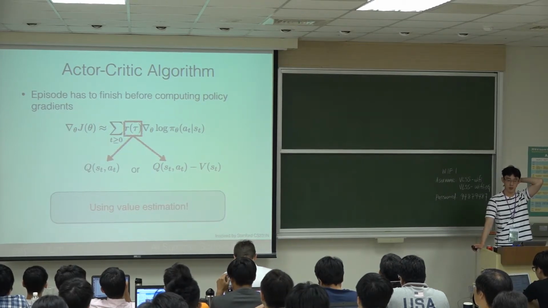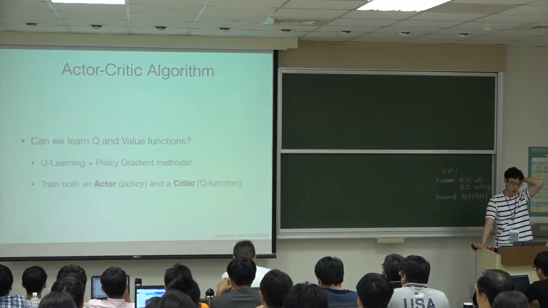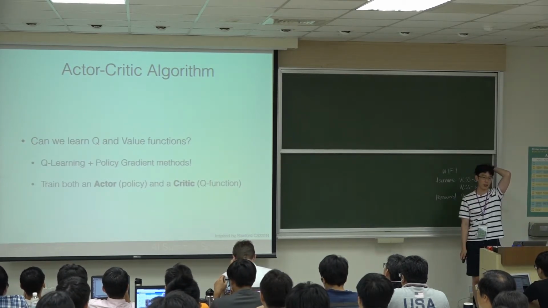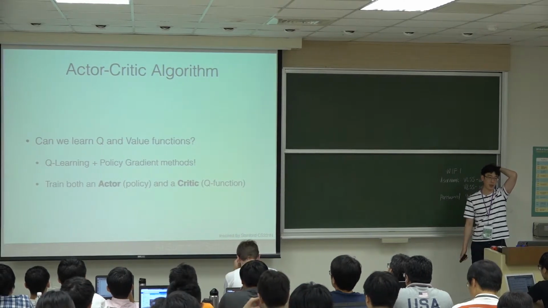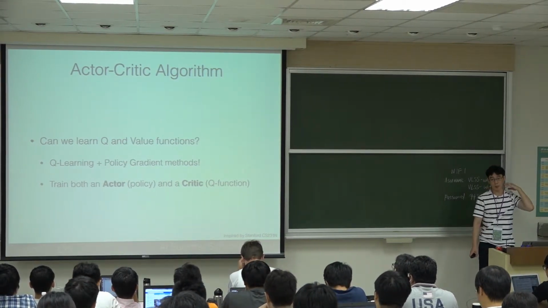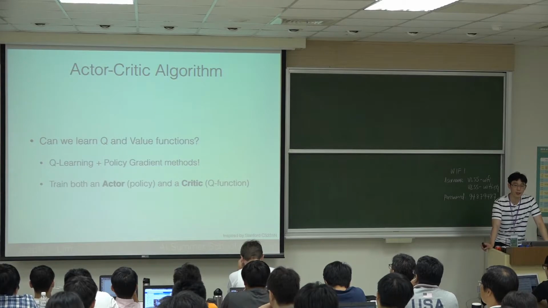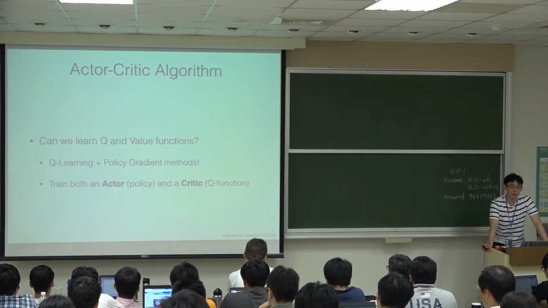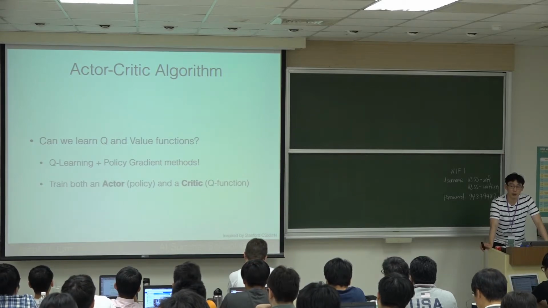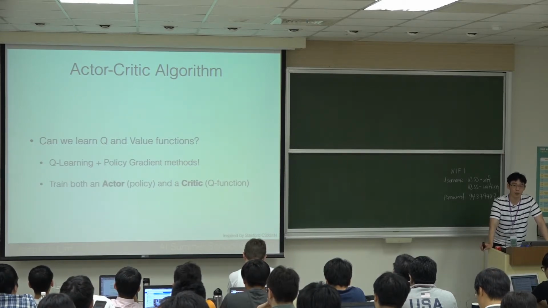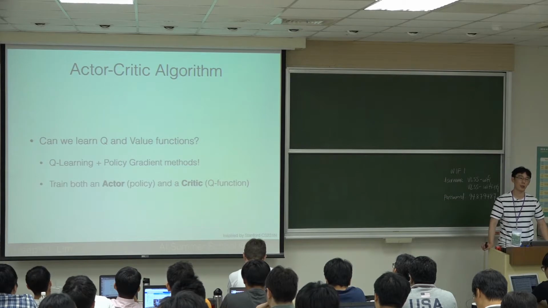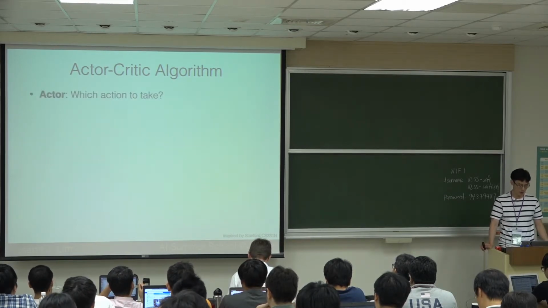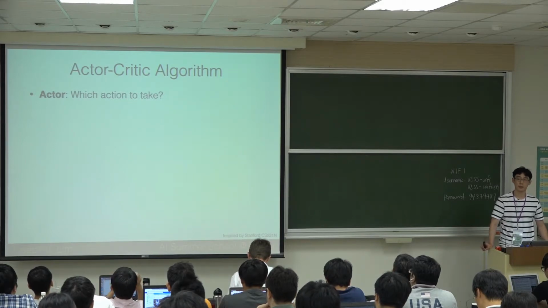Instead, for example, to reduce the variance, you can use this evaluated estimation, and that's the basic idea of actor-critic model. So how can we learn Q and value functions while also training this policy gradient method is the basic idea. So actor means policy, and critic means Q function. That's why we call it actor-critic, meaning policy and Q value estimating function together. Actor just tells you which action to take.